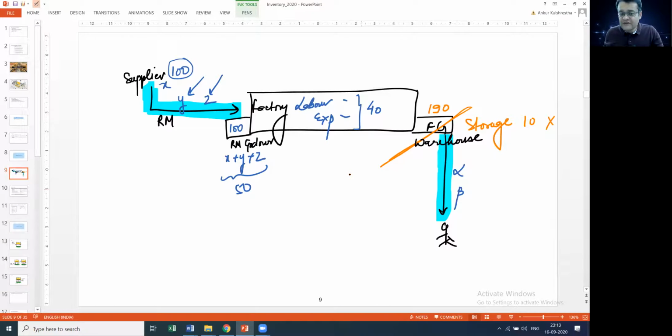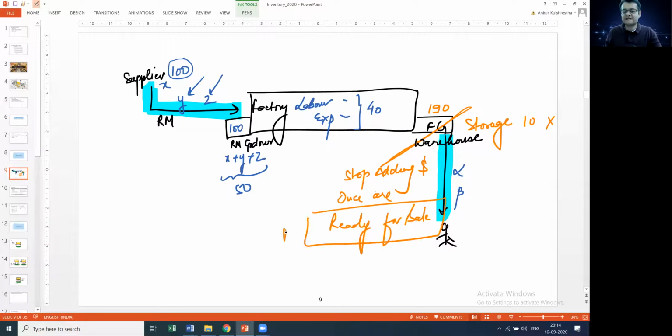That means I will stop adding any further dollar, any further rupee, any further value to the inventory once the goods are, I'm going to use the word, ready for sale. Okay, this is the litmus test as far as the finished goods are concerned. Hold this tight. It's going to make a lot of matters very, very simple to you.